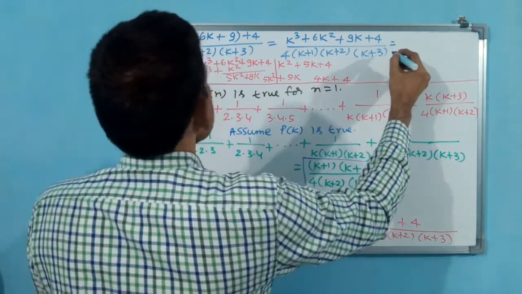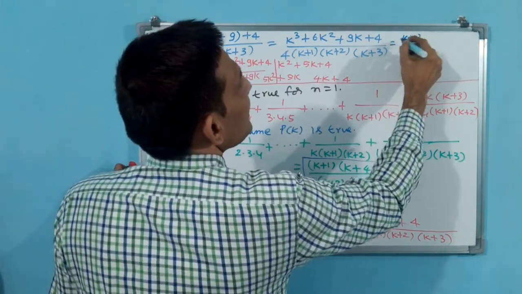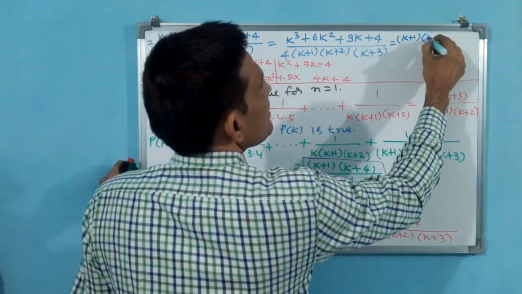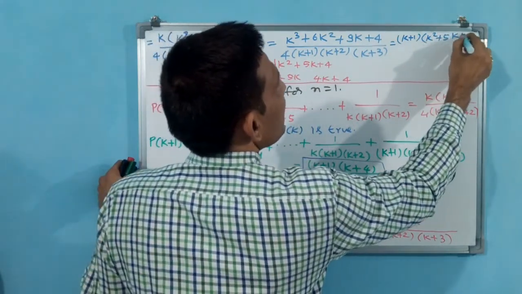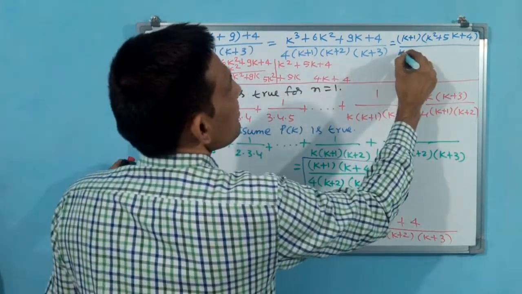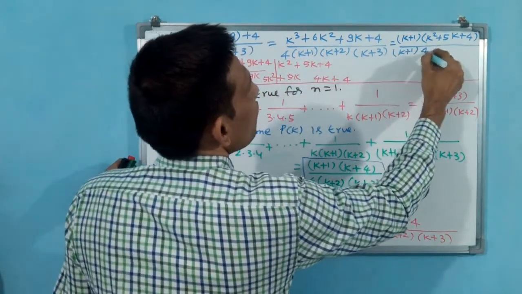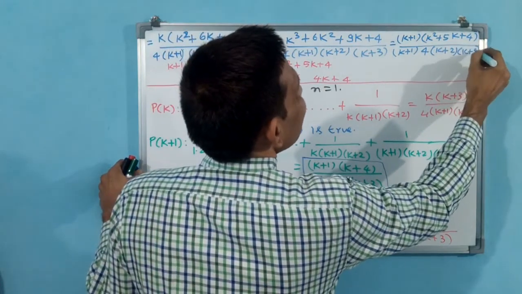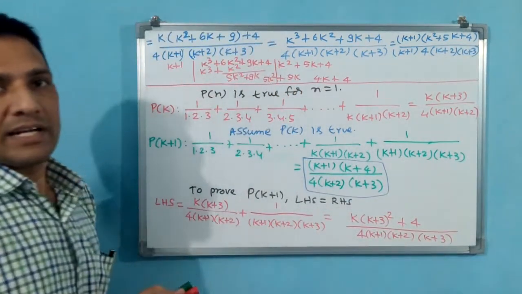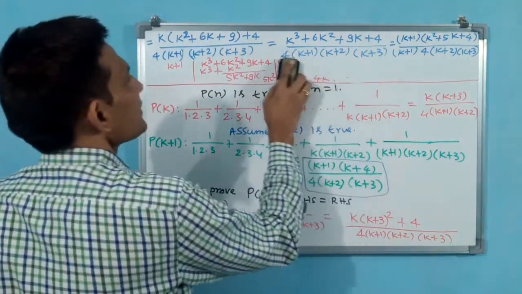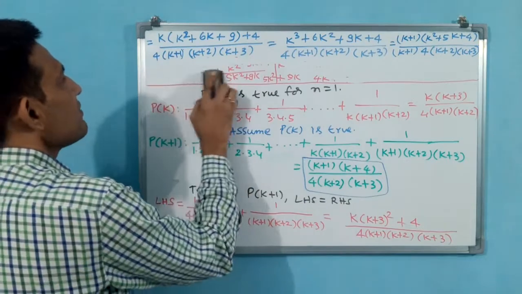That is equal to k plus 1 into k square plus 5k plus 4 divided by, now you write k plus 1 first, then 4 into k plus 2 into k plus 3. How I have written, you understand? Now I am going to remove this calculation. This is rough calculation only, but very important.